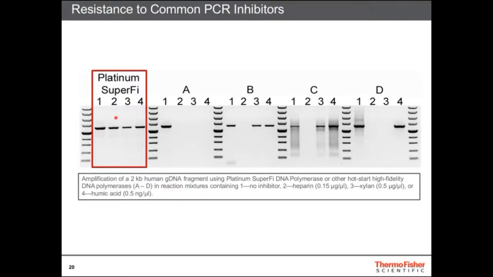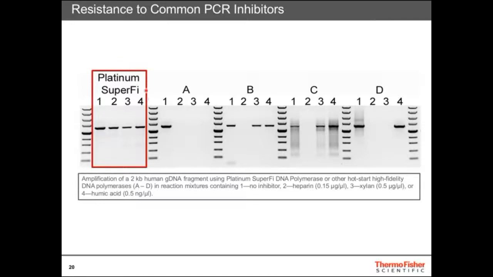In lane 2, and A, B, C, and D are actually competitors' polymerases, in each of those reactions in lane 2, we spiked the reaction with heparin, which is commonly found in blood. In lane 3, we spiked xylan, which is commonly found from plants.